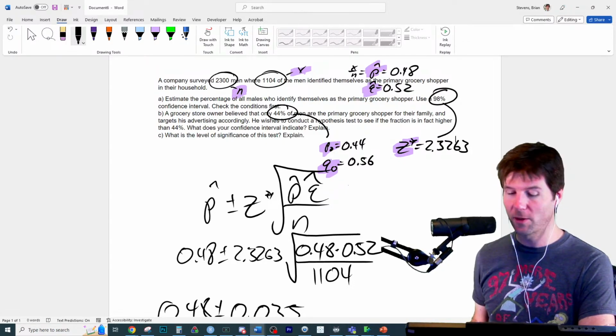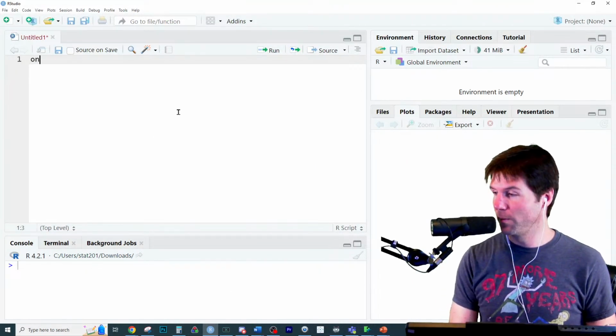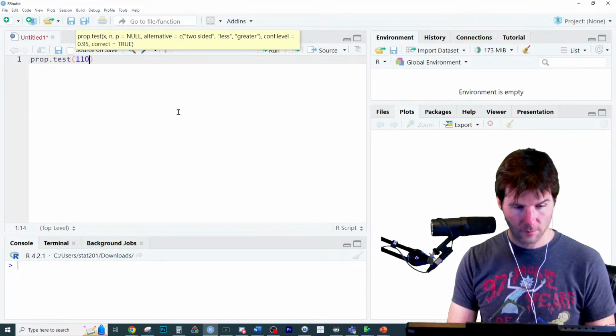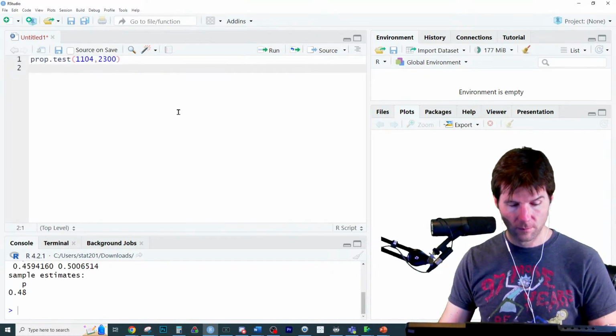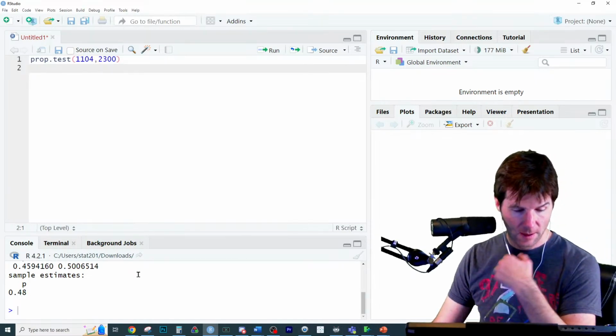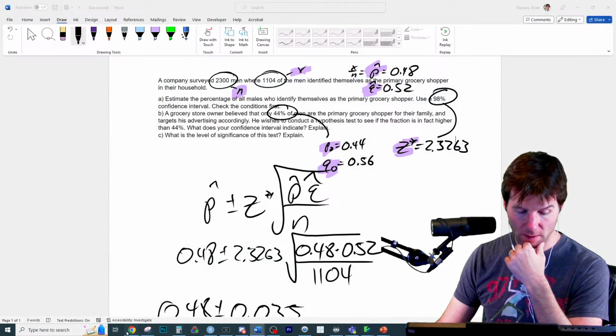It's so easy to make errors when doing these. There we go. It's probably going to be about right there. So 46 to 50. Might even round to that perfectly.